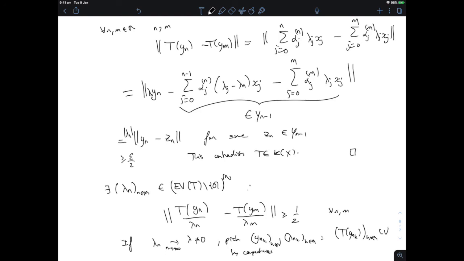But then if my T(y_{n_k}) converges and my lambda_{n_k} converges, then I should get that T(y_{n_k}) divided by lambda_{n_k} minus T(y_{m_k}) divided by lambda_{m_k} would have to go to 0 as k goes to infinity. And this contradicts the fact that it has to stay above 1/2. So if I have an entire sequence of lambda_n, let alone if I have uncountably many, I can pick a sequence, and if that converges to anything but 0, then I get a contradiction.